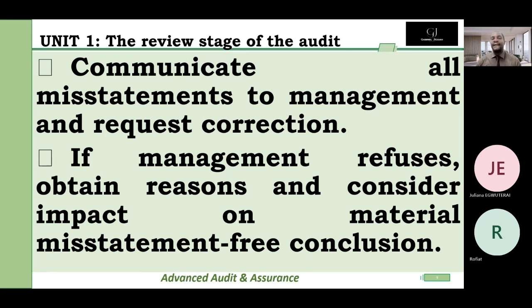We flag it, and we make sure that during this review stage, we say: we found this, we found this, we found this. Management, you need to correct them appropriately. So if management refuses, we need to obtain reasons via dialogue. And that's why communication is very important, especially documented communication with their reasons. And we should also understand and consider the impact of the material misstatement on our conclusion.